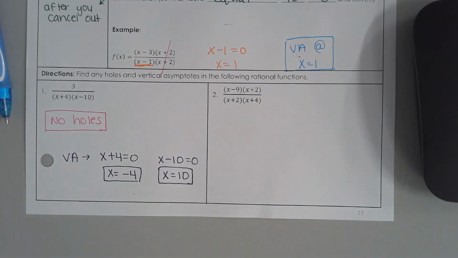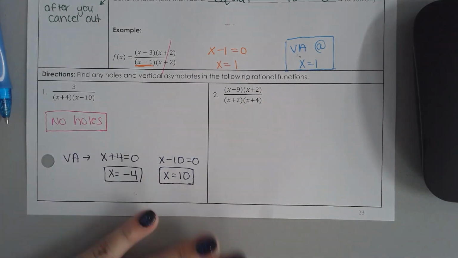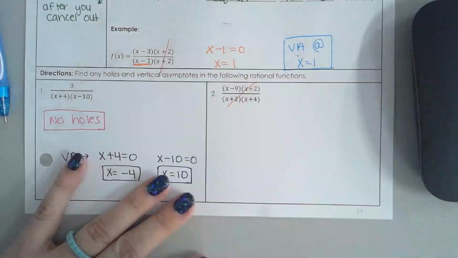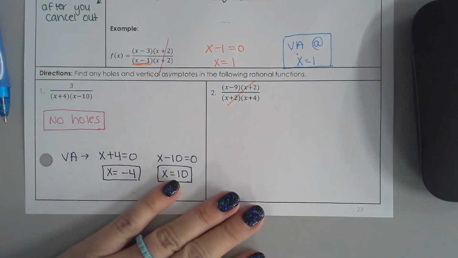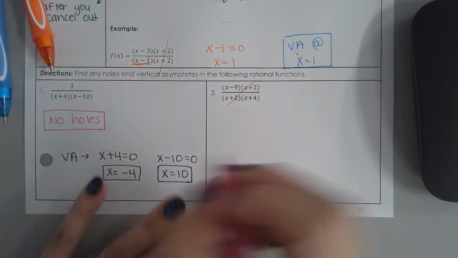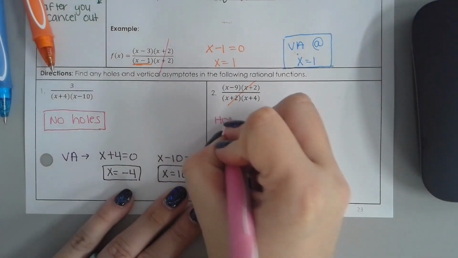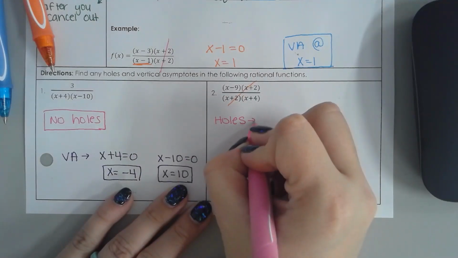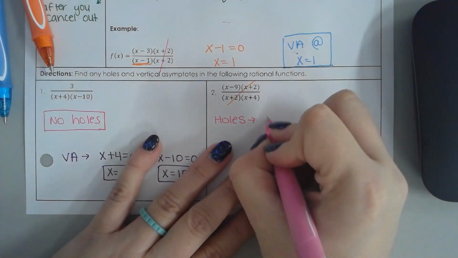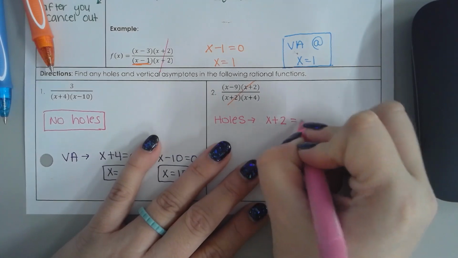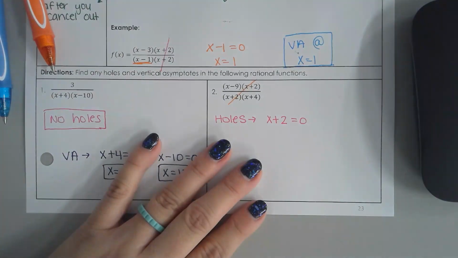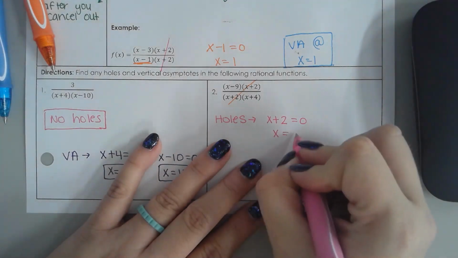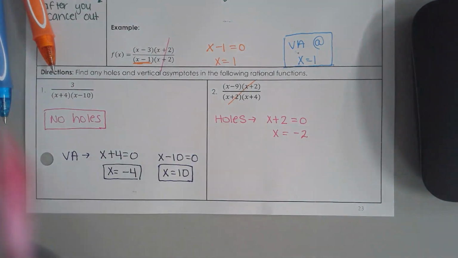All right, number 2, our x plus 2's cancel. So I'm going to set x plus 2 equal to 0. And so x equals -2.